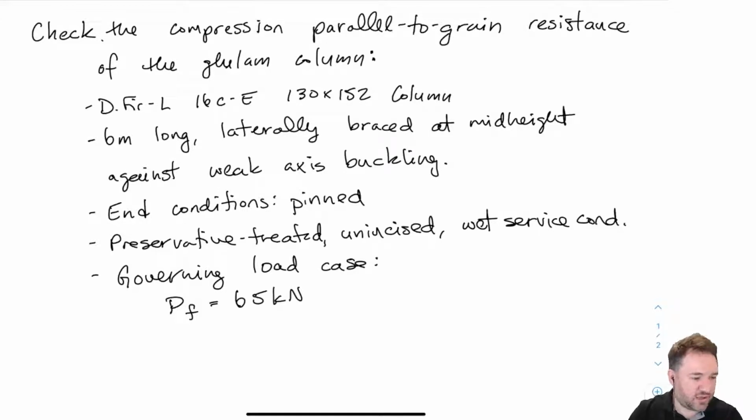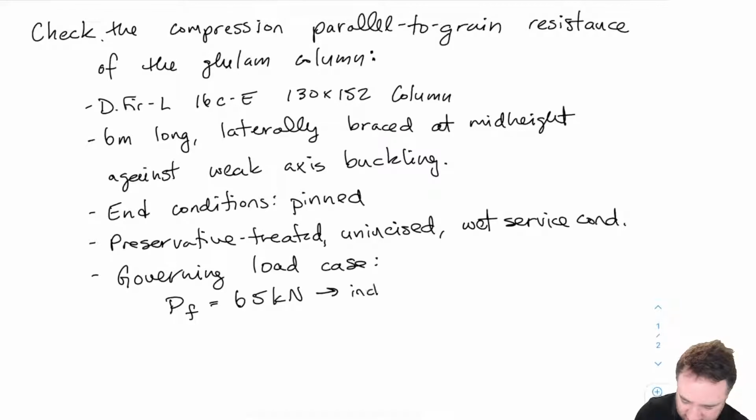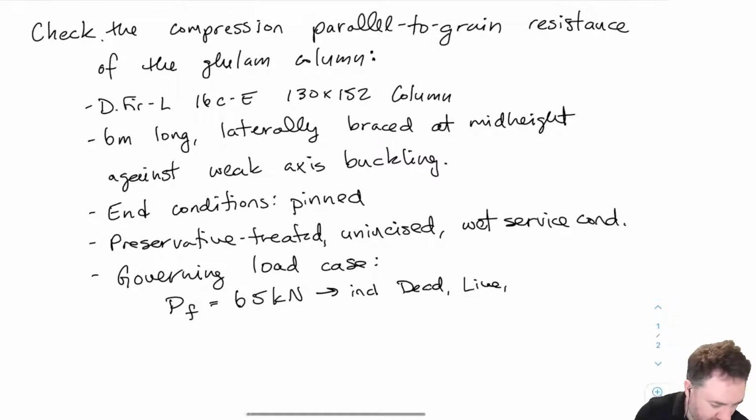And this column is outside or in a humid area, so it's preservative treated, unincised, and it has a wet surface condition. We're given the governing load case, which is 65 kilonewtons, and this load case includes dead, live, and snow loads.